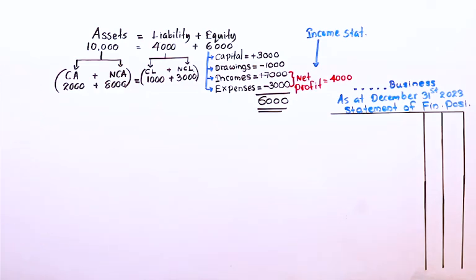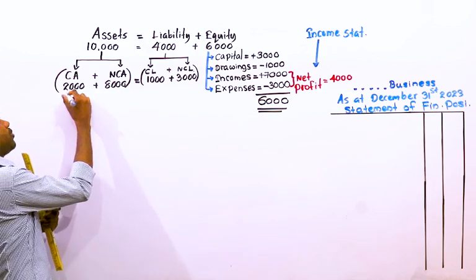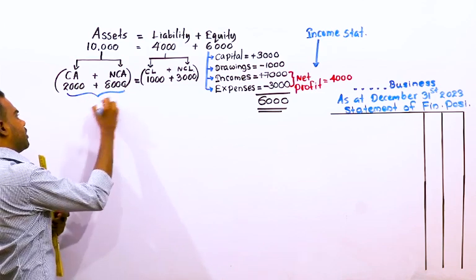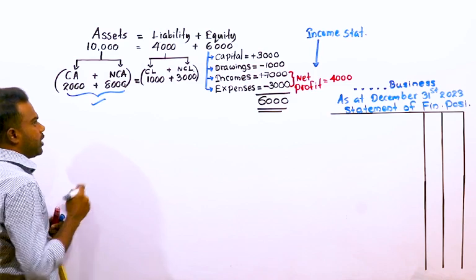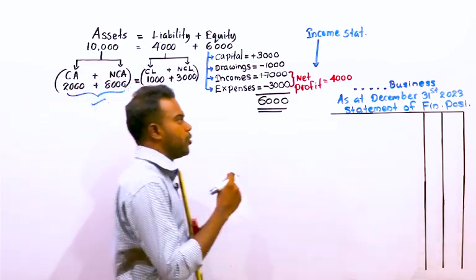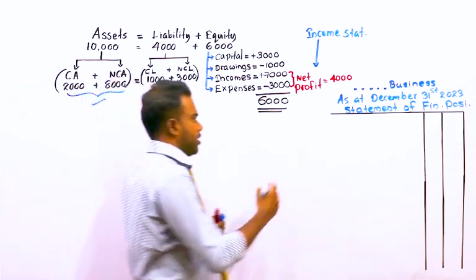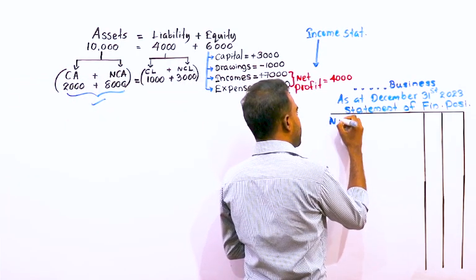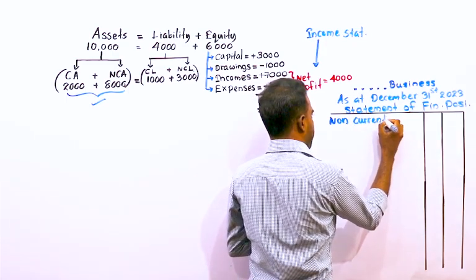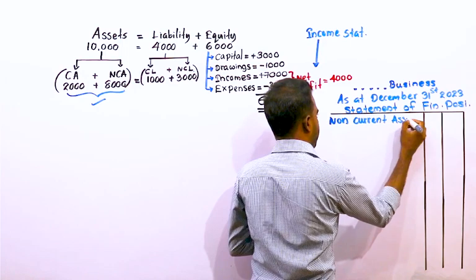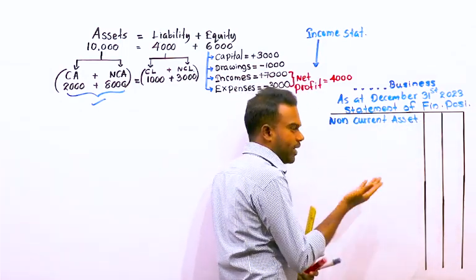So now I will present the first part of the equation, the asset part. I will prepare the asset part here. Firstly, write down non-current assets.